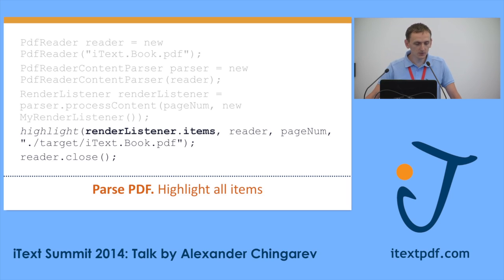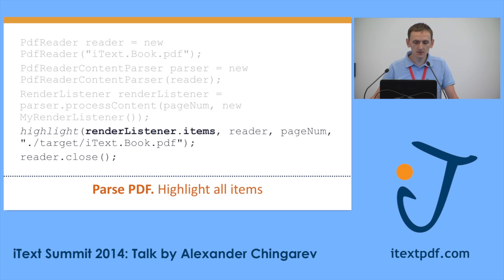Finally, we want to highlight the parsed items. The highlight method is not a standard iText method. This is a method I have created just for our presentation. I'm not going to provide the code of this method because it's not very interesting for our presentation, and I want to make the presentation more compact. That's why the code is not provided.